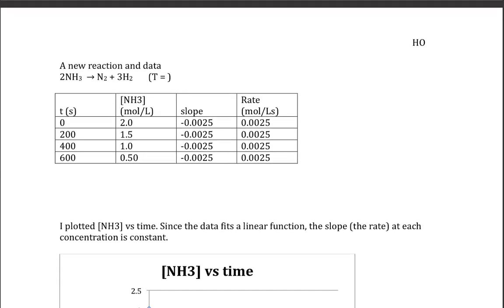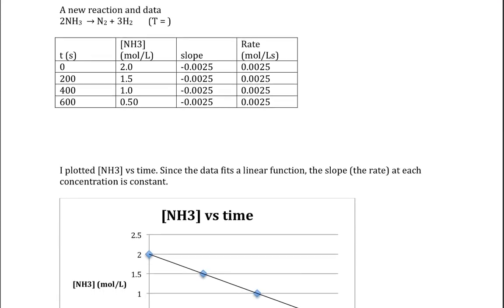We're going to do one more such example, this time working with the reaction 2NH3 yielding N2 plus 3H2. And I have data, but I'm not sure at what temperature. So here's our time data in seconds, our concentration of the NH3 in moles per liter.